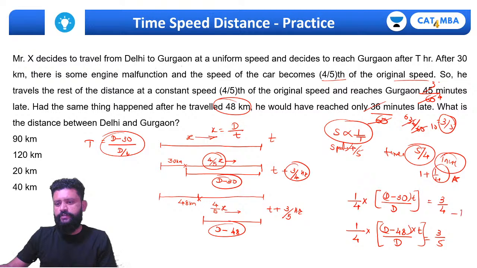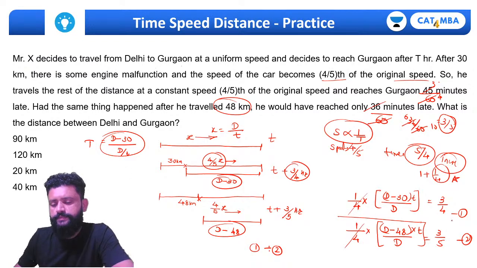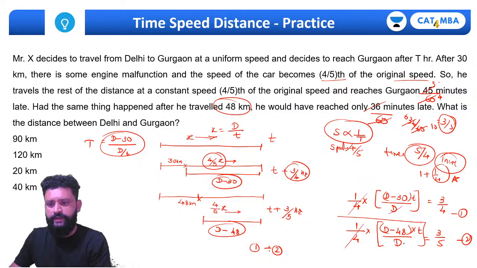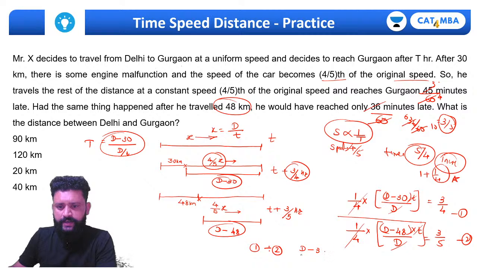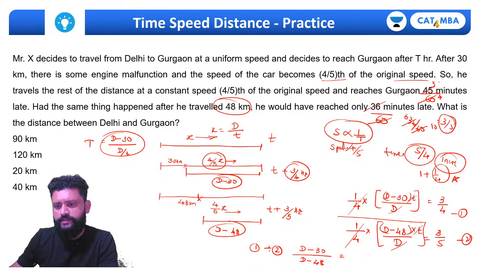So if we divide equation 1 by equation 2, what will we get? This 1/4 will get cancelled, t will get cancelled. We'll simply get d minus 30 upon d minus 48 equal to 5 upon 4, after cancelling 3.